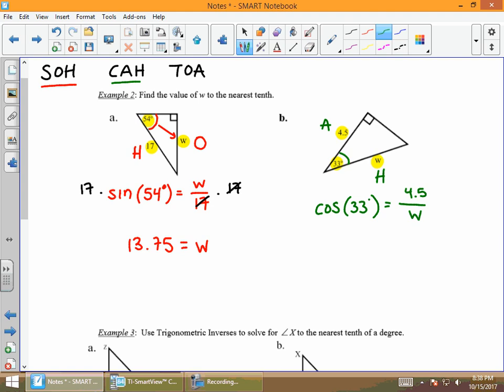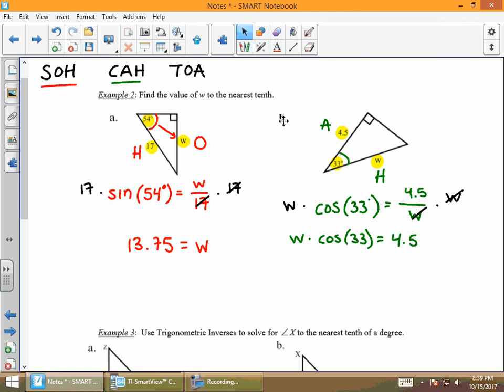When I see problems like this where I have to divide both sides by W, you can actually get away with multiplying both sides by that denominator, multiply both sides by W. It makes the W's cancel on the right. And on the left, I will have W times the cosine of 33. And that has to equal 4.5.